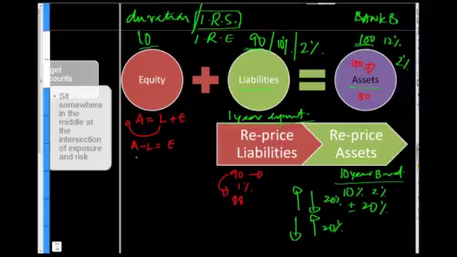In the beginning, we had a balance sheet with 100 billion in assets and 90 billion in liabilities, which gives an equity base of 10 billion. When the situation ended for Bank B, I have assets worth 80 and my liabilities are still worth 88. I'm now in a situation where I actually have a negative equity of minus 8. So as a bank, I've basically gone under. I'm no longer able to function.